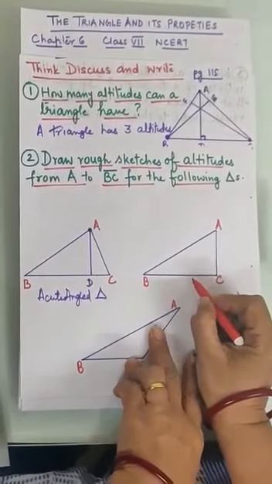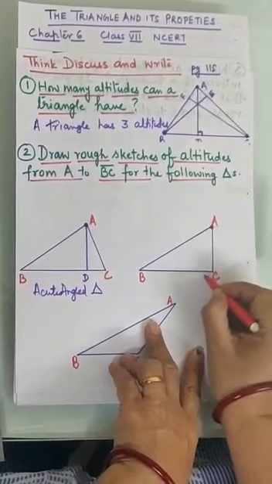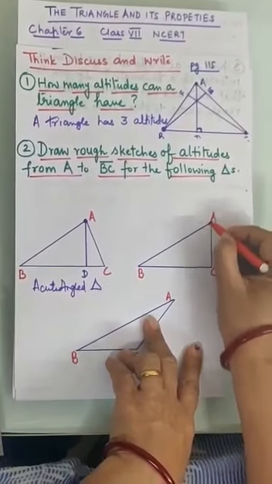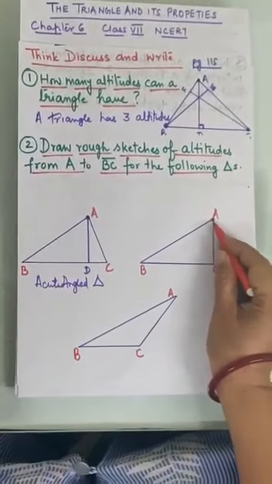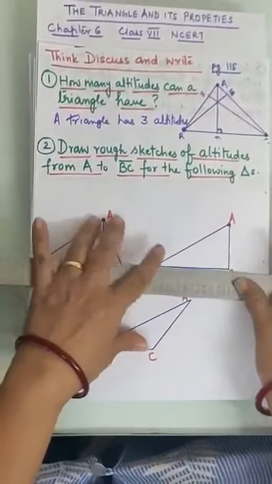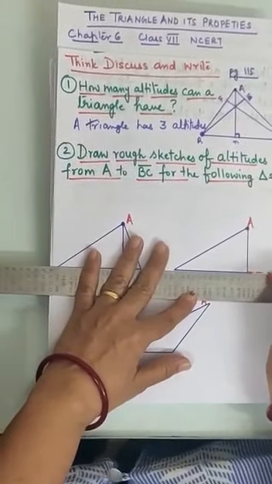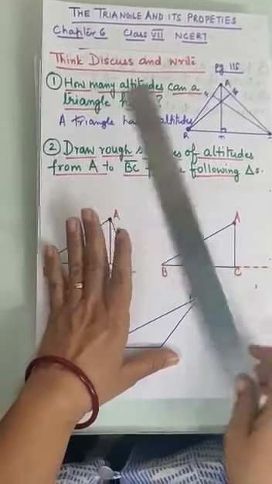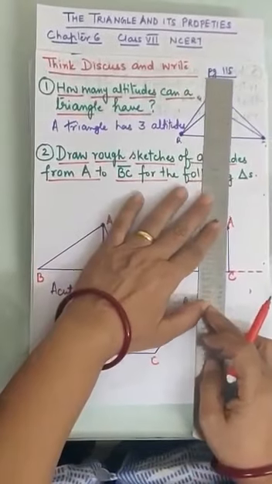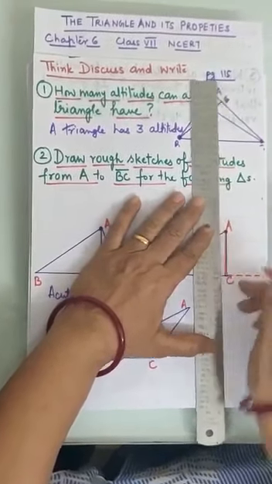Now in this figure you see we have to draw altitude from A on BC. So when we have to draw from A to BC, we have to extend this BC. Let us extend it. Now when we are drawing perpendicular, A to BC means it is this.